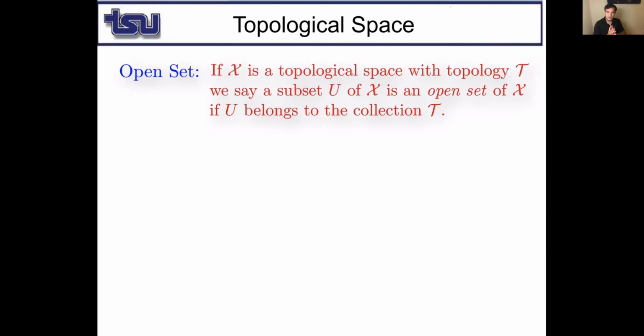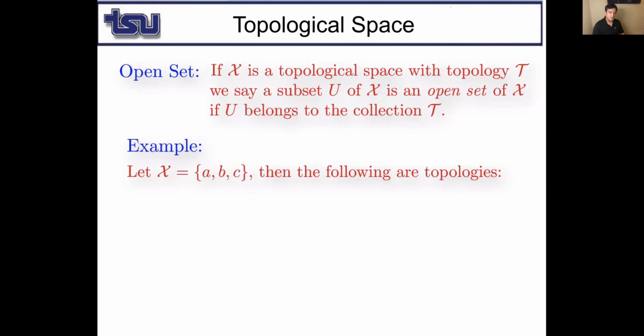Again, X is a topological space with topology T. When I say topology T, it is nothing but a collection of subsets of X. Well, we say that a subset U of X is an open set of X if U belongs to that collection, okay? Because there might be some subsets of X that may or may not belong to that T. If that particular subset belongs to T, we call it an open set.